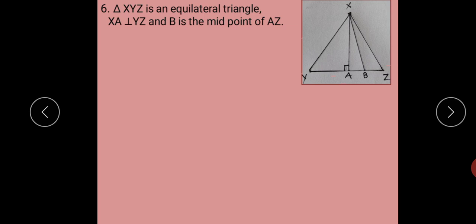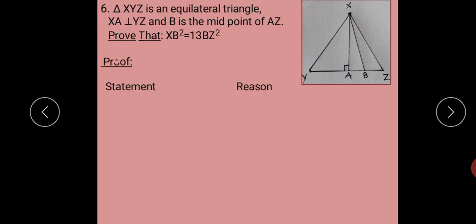Further, it is given that A is the midpoint because altitude is the median, and B is also the midpoint here, that is given, of AZ. So let's see what is asked to prove. XB square is equal to 13 BZ square. Well, XB is a hypotenuse, so there is no much problem to start with.